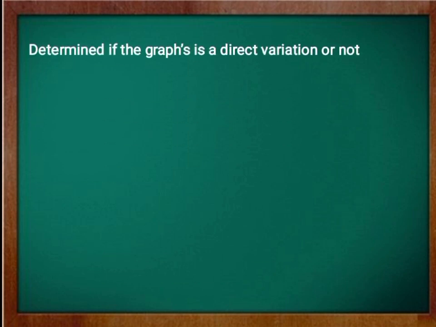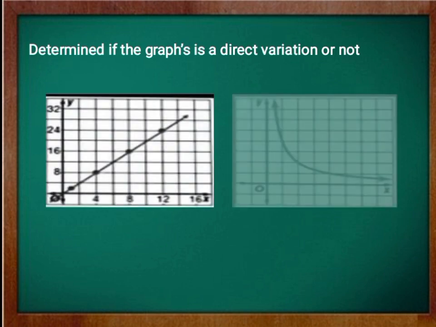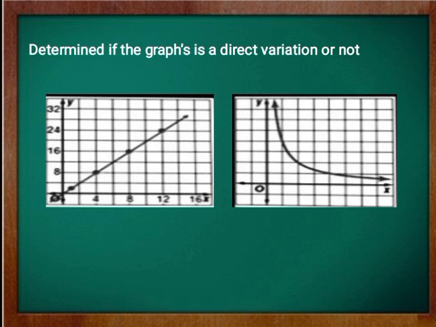Determine if the graph is a direct variation or not. So we have here two graphs, where the first graph has a straight line, and the other graph is not a straight line. To determine if our graph is a direct variation or not, the graph of a direct variation is a straight line that goes through the origin (0, 0).